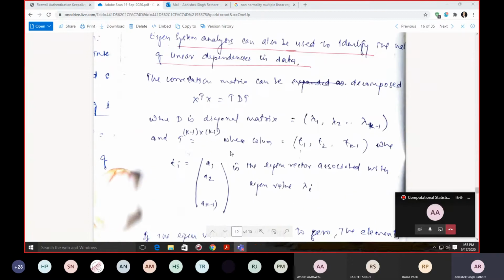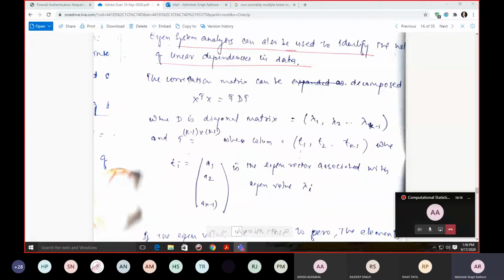So how do I calculate my T? T can be represented as t1, t2, t3, t4 up to t k minus 1. Each is a vector, a column: t1 is a column, t2 is a column, and t k minus 1 is a column. t1 is a1, a2 up to a k minus 1.